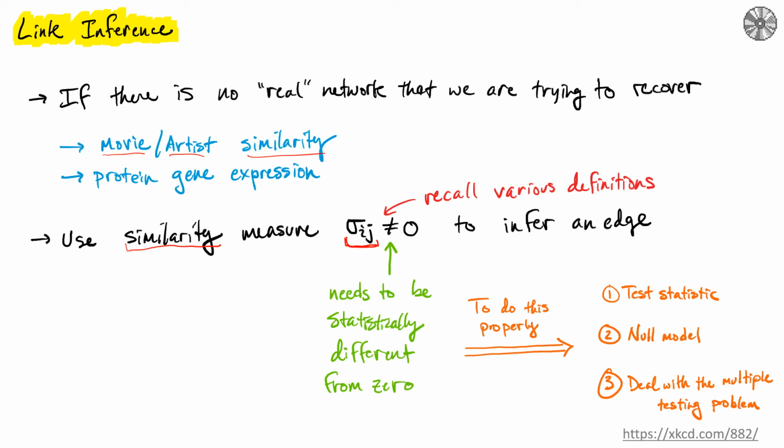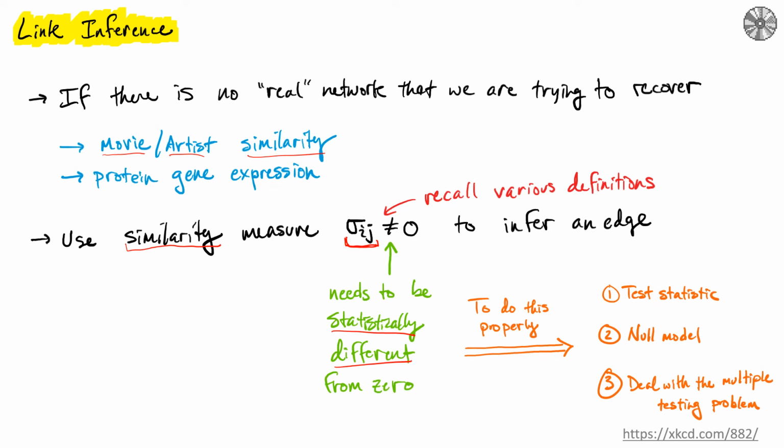But again, there needs to be some sort of threshold that says that this is big enough to be beyond the noise of the similarity measure. So we need something that's going to actually tell us that this is statistically different from 0, not just not 0.